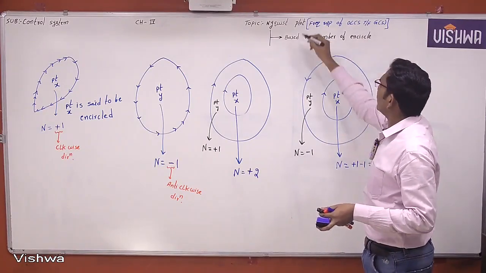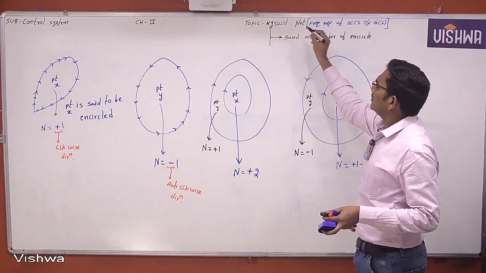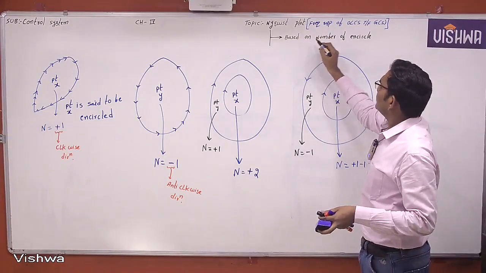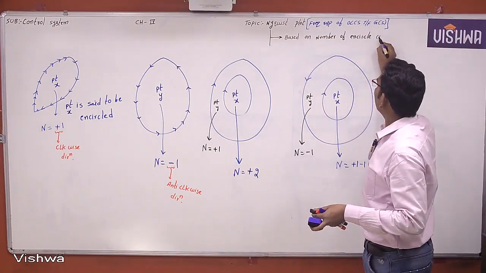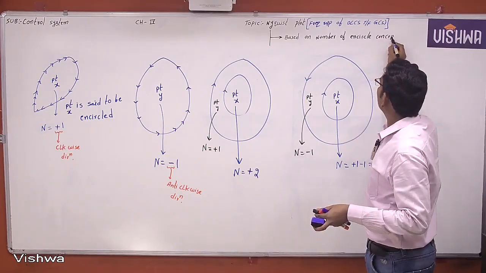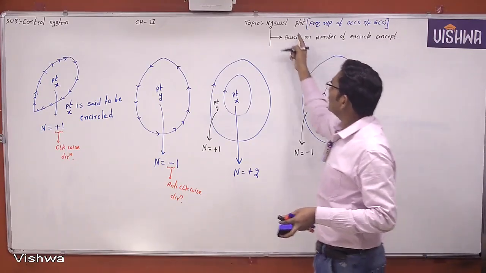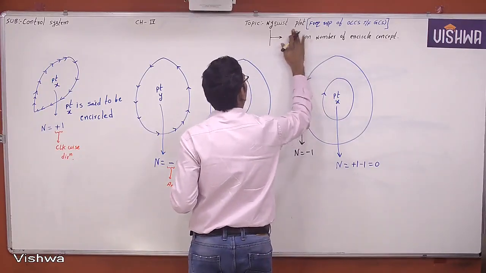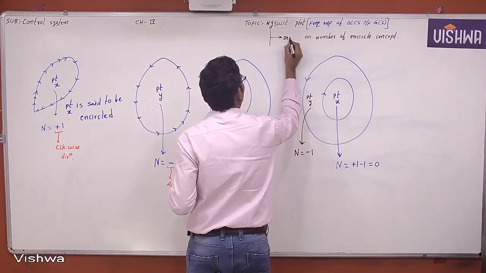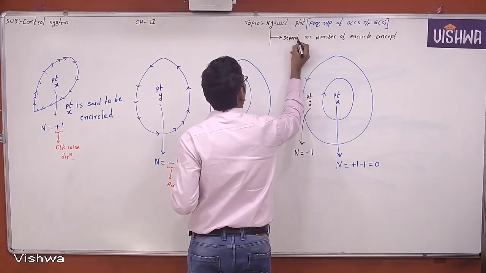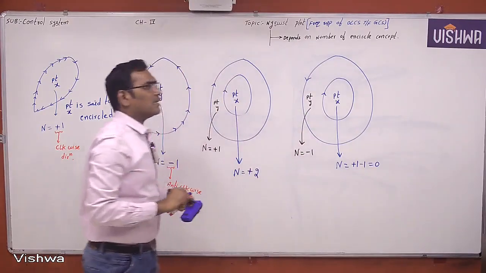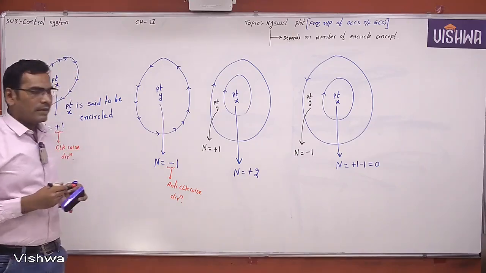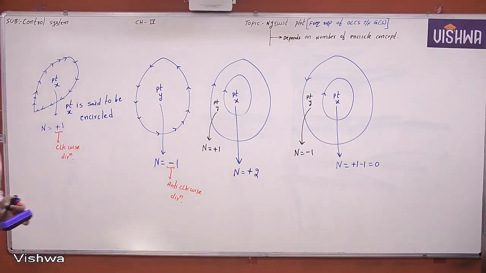The Nyquist plot analysis or Nyquist stability criteria is based on the number of encircles concept. The Nyquist plot completely depends on the number of encircles concept. Okay. Now take down this, the number of encircles, how we can identify it.